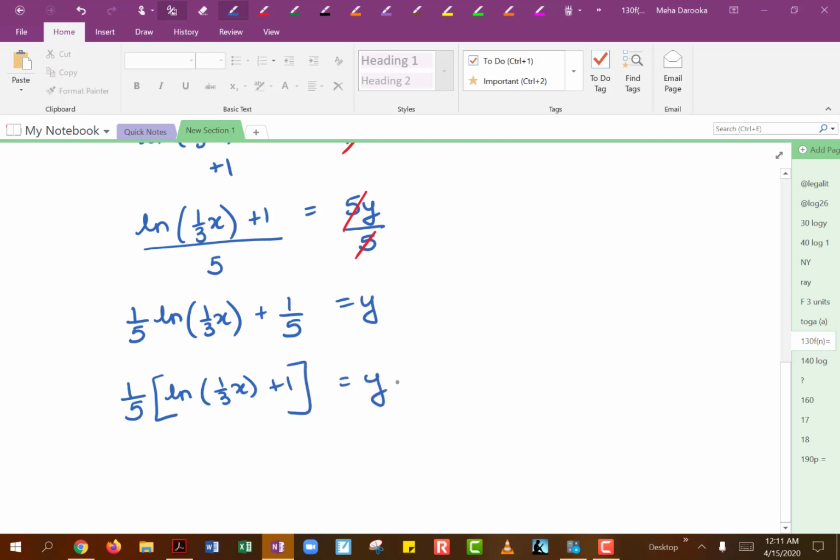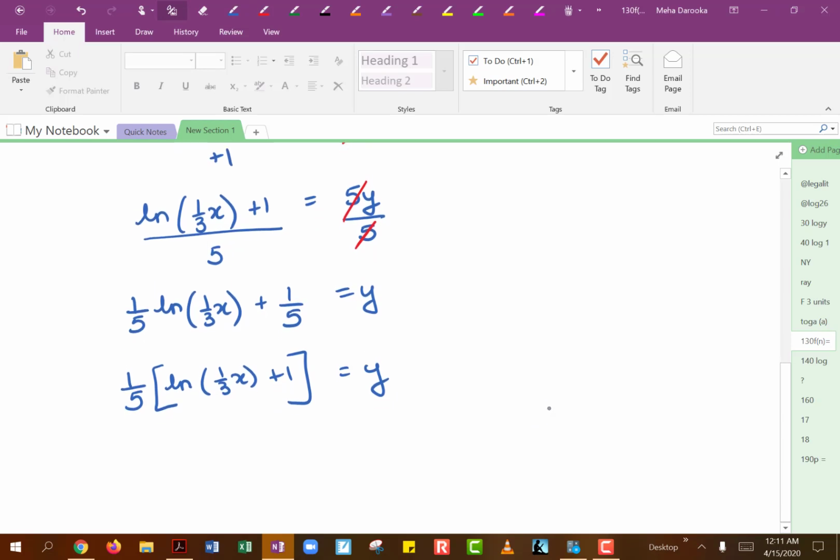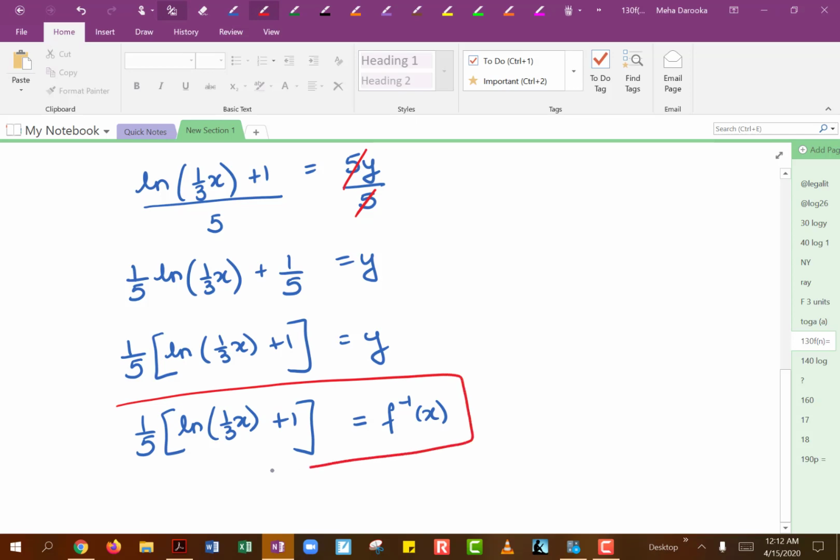And then the last thing to do is rewrite that y as our f inverse notation. Okay? And then that would be, again, whichever form you want to write this as. And this is how you would actually convert this exponential function into its inverse, which would be a logarithmic function.